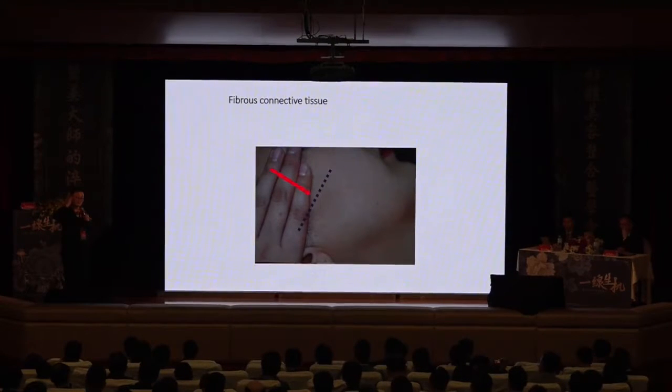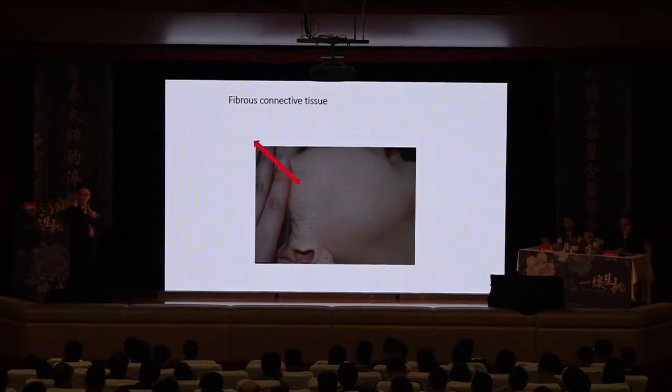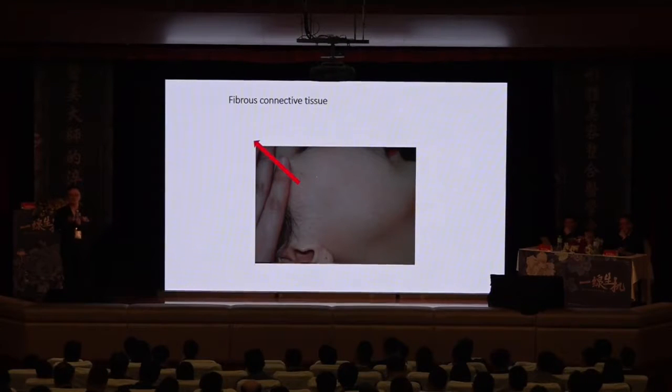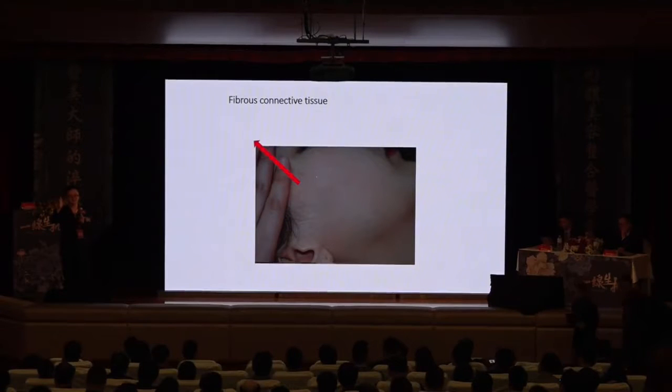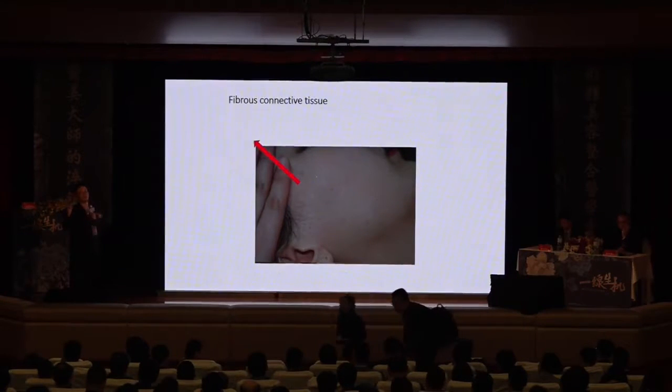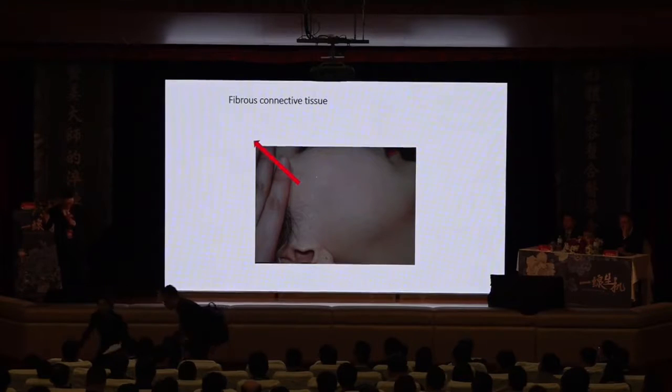You can do that: pull down, and your skin will not move downward. Why? Because of the zygomatic-cutaneous ligament, a strong ligament. But when I pull this skin upward, my skin moves upward. That means the direction of the strong ligament is like this. So I pull upward and it moves up, but pull downward, no movement. That is the meaning of the fibroadipose connective tissue system and the ligament system.